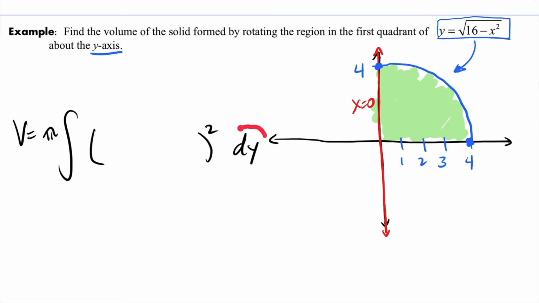But since it's dy, what do we have to do before I can plug it into my equation? Yeah, this one can't be y equals because it's dy. This one's already done, x equals 0, already done. So what I have to do is solve for x.